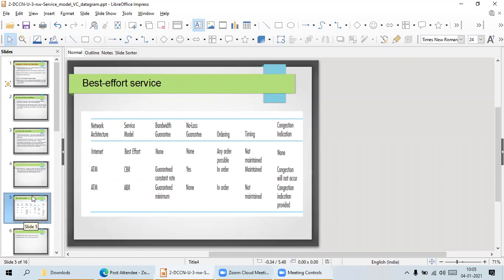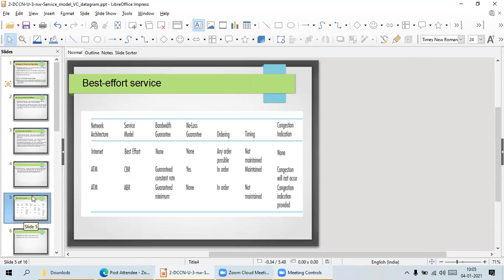Ordering: we follow in-order delivery. That means the packets from the sender end to the receiver end will be in order. The sequencing is followed, and your network layer and this model are responsible for maintaining the order.